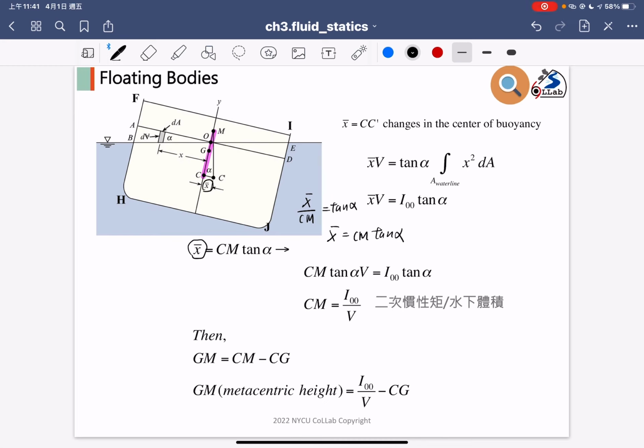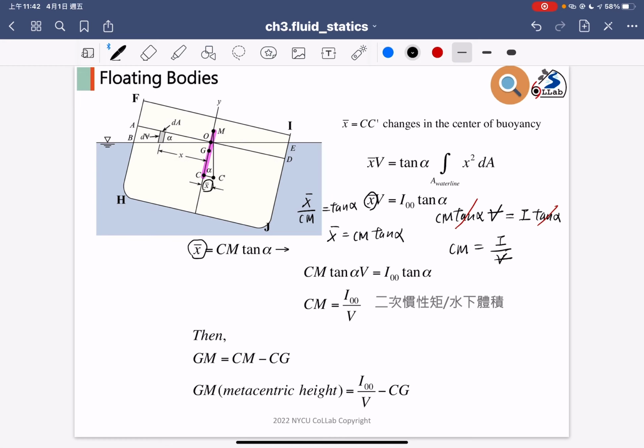If you put the Cn tangent alpha back into this equation, you will have Cn tangent alpha times the total volume displaced equal to the second moment times tangent alpha. So we can cancel out the tangent alpha on both sides. Finally, you know that Cn is equal to I divided by the displaced volume.